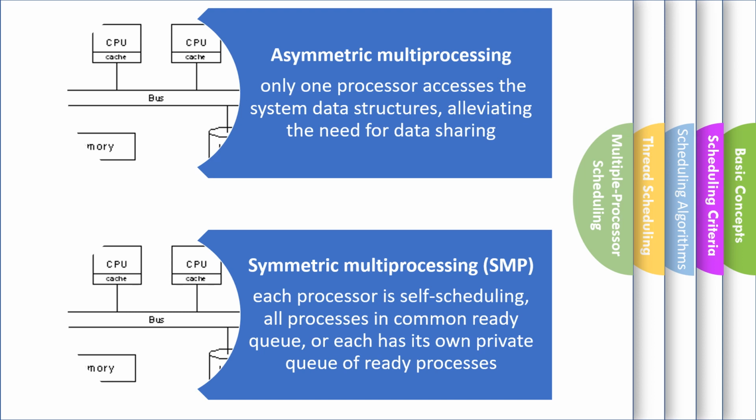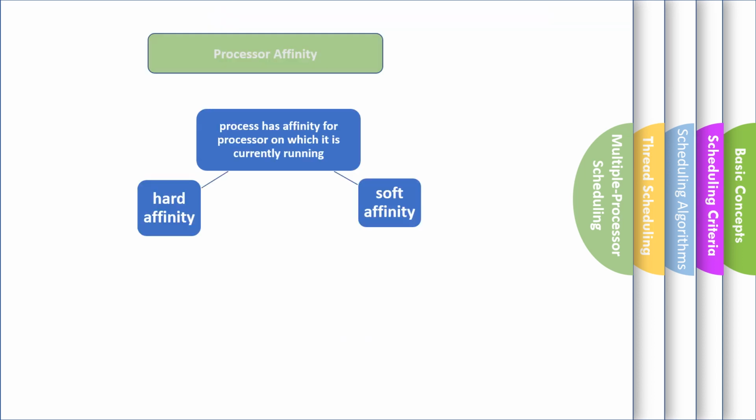Every processor takes up a different process and executes it. All the processes in a common ready queue are shared between all the CPUs, so one processor picks one ready queue process and executes it. Alternatively, each processor can have its own private ready queue. This is multiprocessor scheduling.